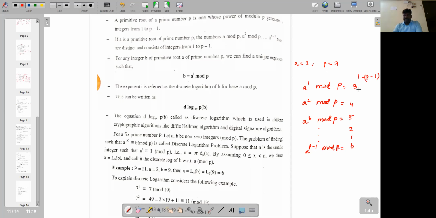So in that case, a, or alpha, we call a primitive root of the given number. I hope this concept is quite clear. If you have any difficulties, I'll explain with an example so that you will get more clarification on this.